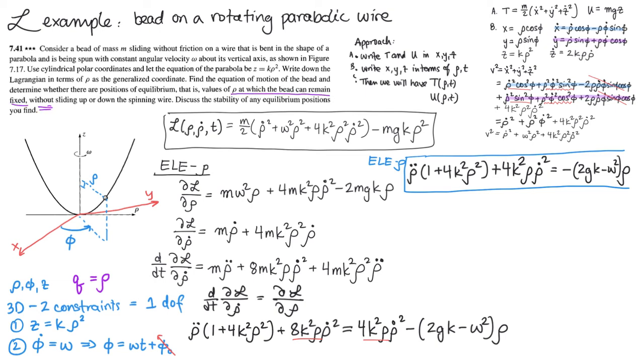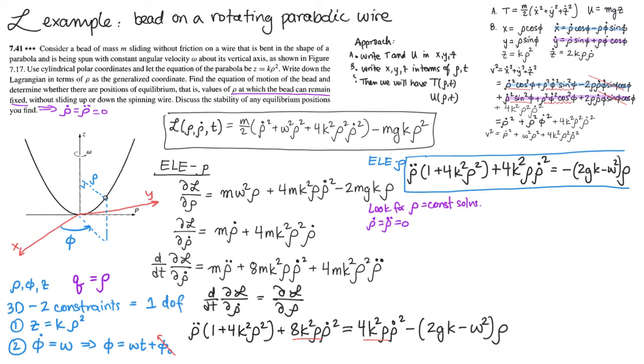What that means is that rho dot and rho double dot are both 0 because rho is a constant. So we can now simplify. If we look for rho equals constant solutions, meaning that rho dot and rho double dot are 0, that means we can simplify our expression.